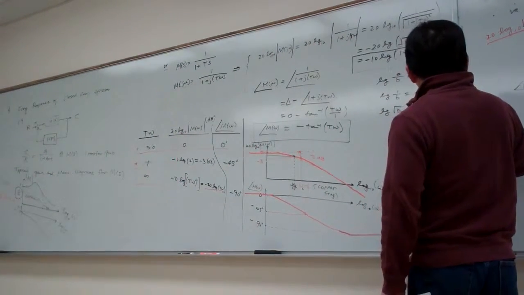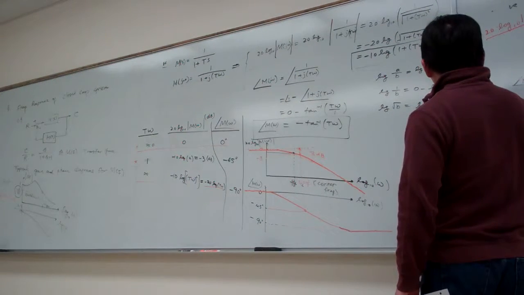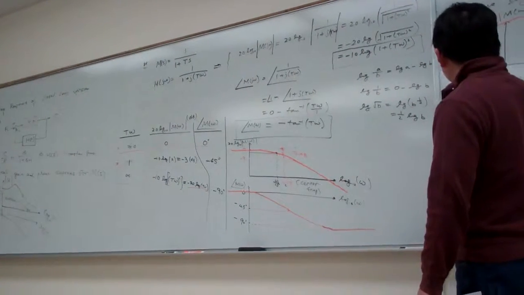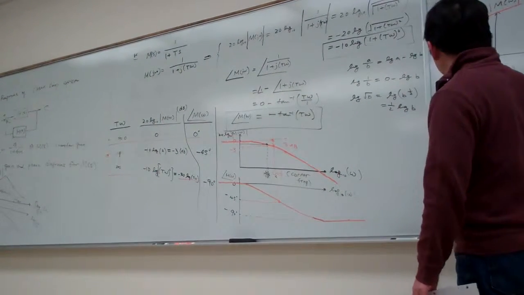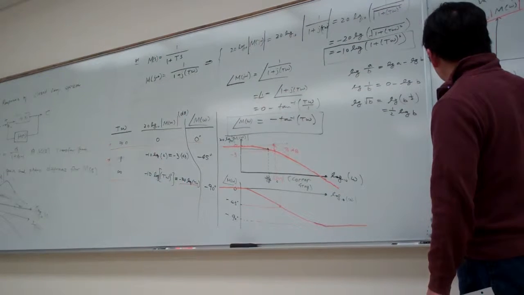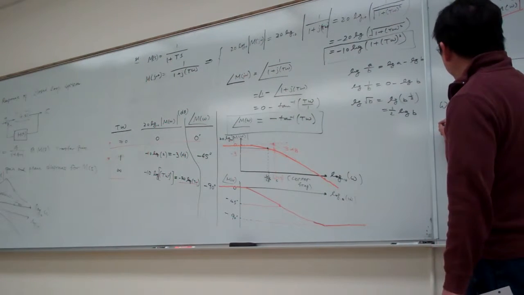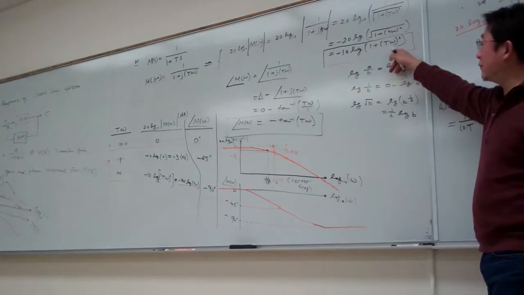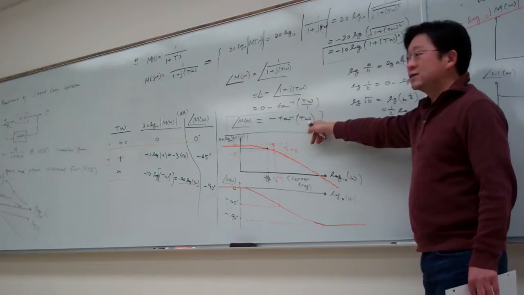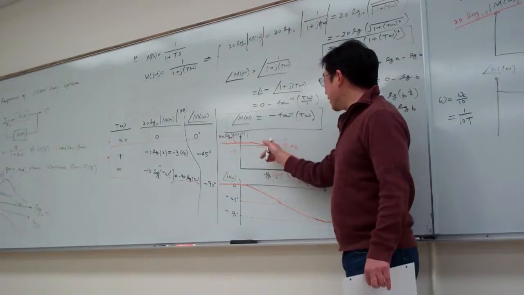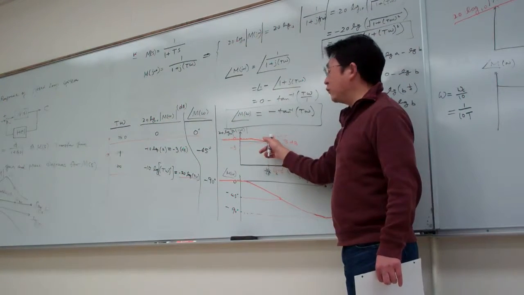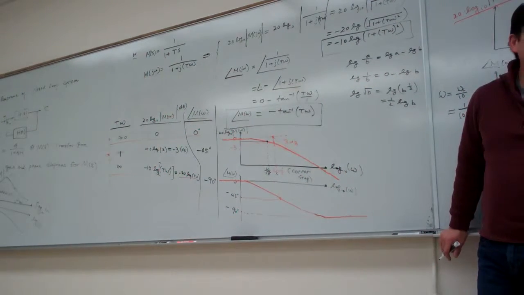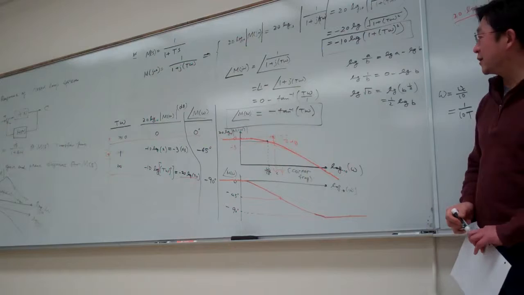If omega equals a tenth of the corner frequency, then by definition the corner frequency is 1 over T, so here omega is 1 over 10T. You simply introduce this number to here and redo the calculations for magnitude and for phase. Then you should have a number here. In this way, that will help you have more points to trace the curve. Okay? So that is a way to calculate in detail.